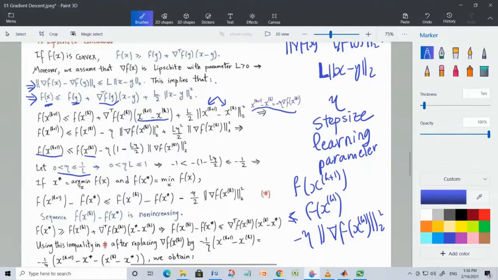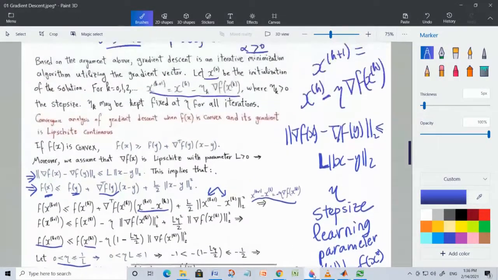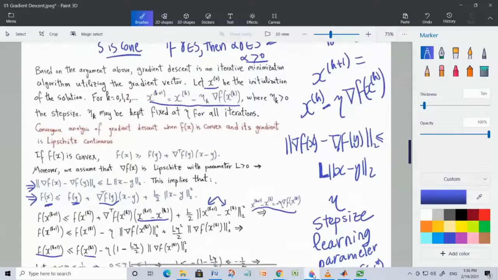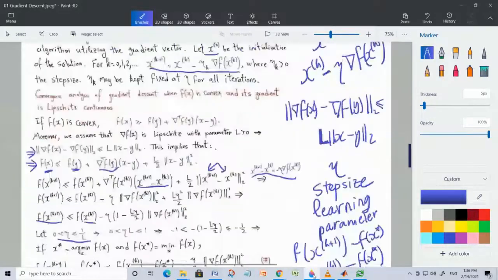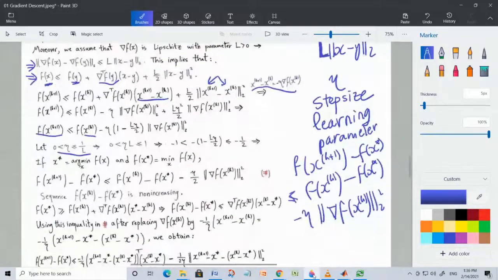Here x star is the point at which the function is minimum: f of x star is the minimum and x star is the minimizer. We subtract it from both sides, and now we get something very good.